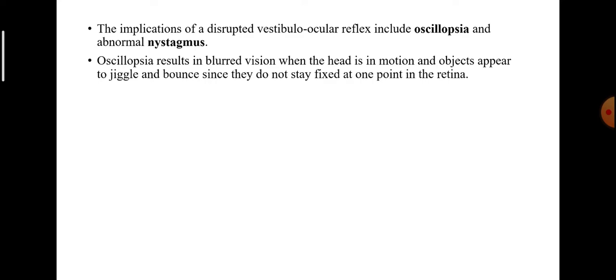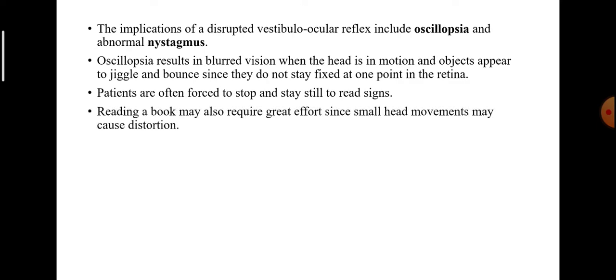The implications of a disrupted vestibular ocular reflex include oscillopsia and abnormal nystagmus. Oscillopsia results in blurred vision when the head is in motion and objects appear to jiggle and bounce since they do not stay fixed at one point in the retina. Patients are often forced to stop and stay still to read signs.